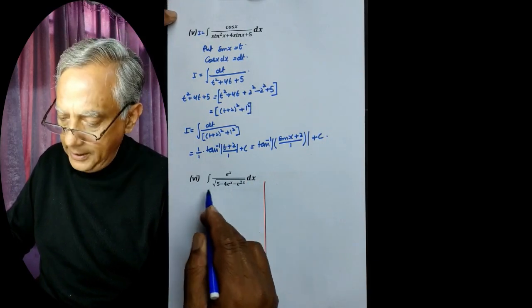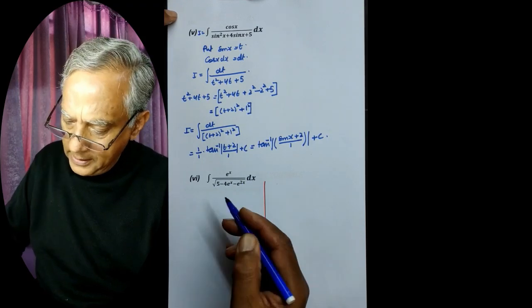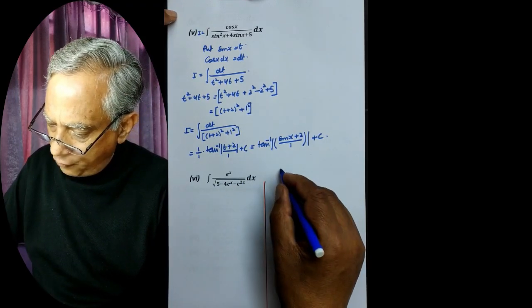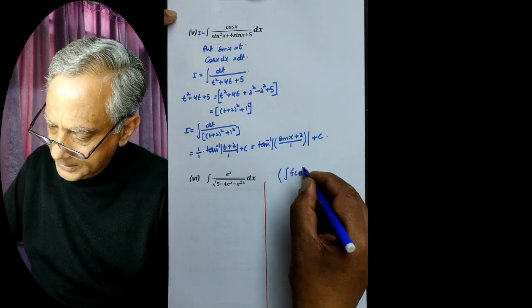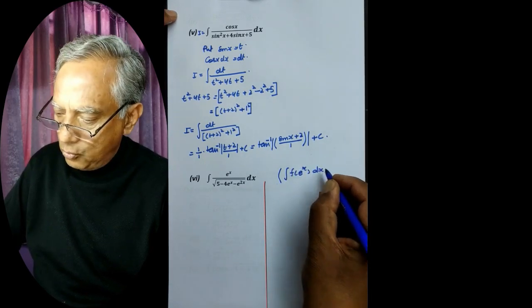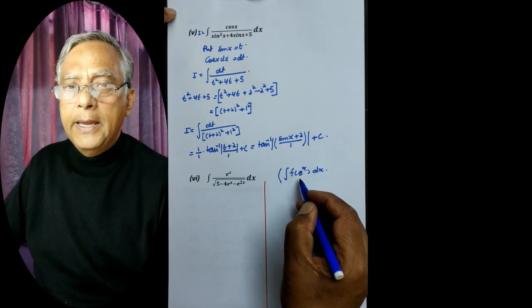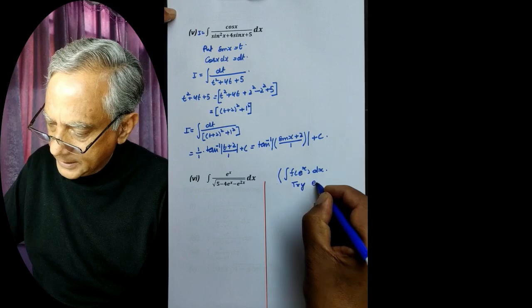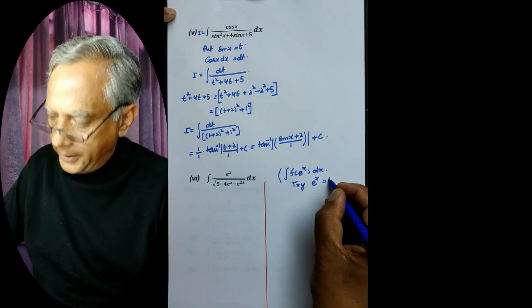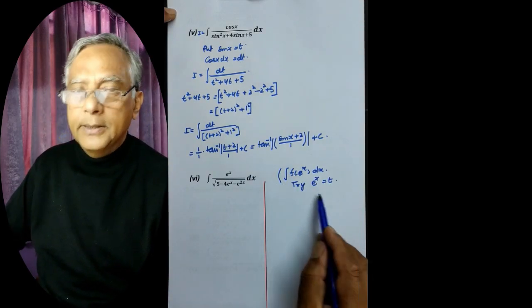Now in this question what we do is, if a question is in the form integral f of e to the x dx, where the function is in terms of the exponential, we generally try e to the x equal to t. Try this substitution.